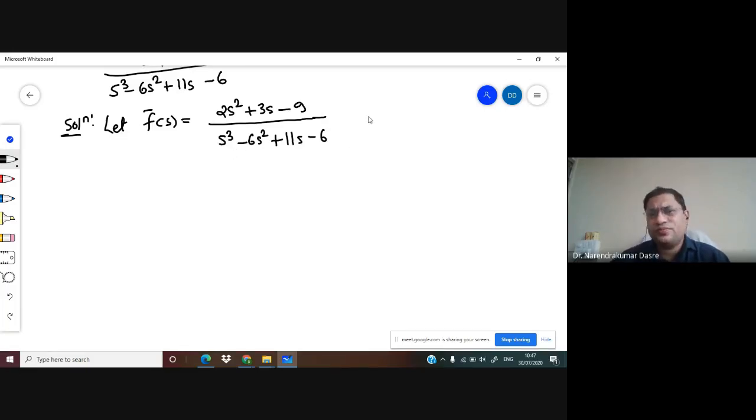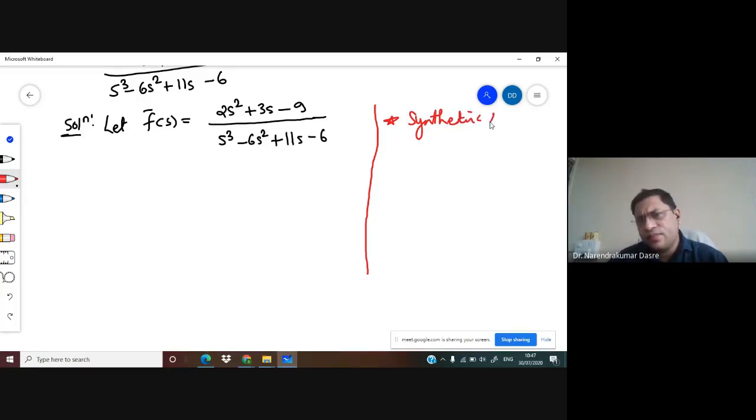Now the question is how we are able to get the factors. There is a method that you have learned called synthetic division, using which we are able to find the factors.